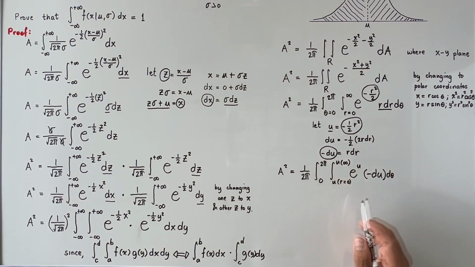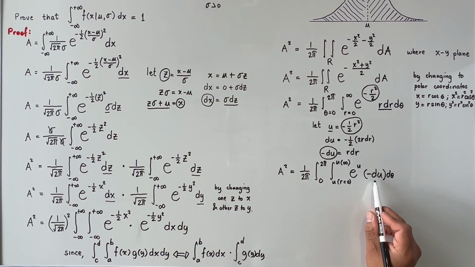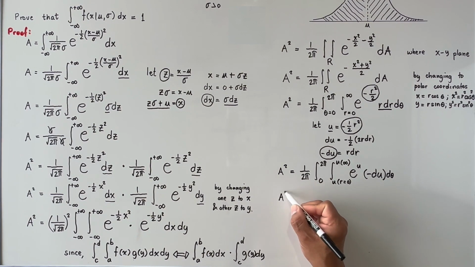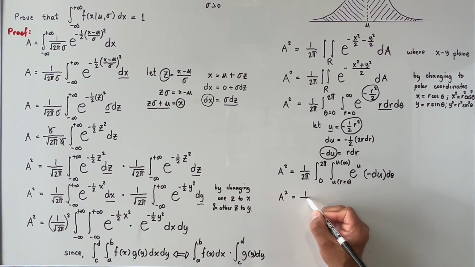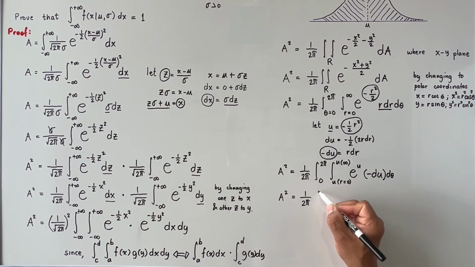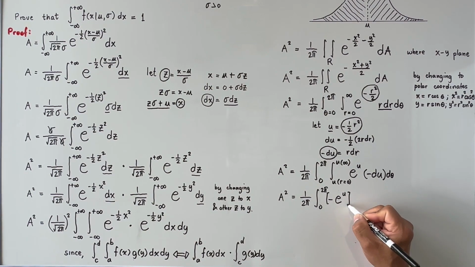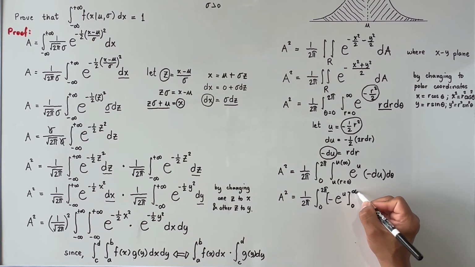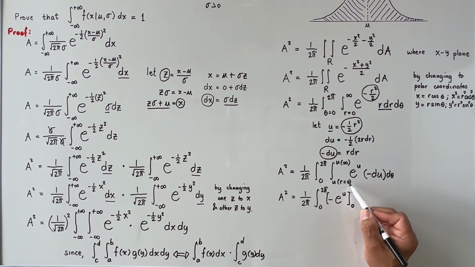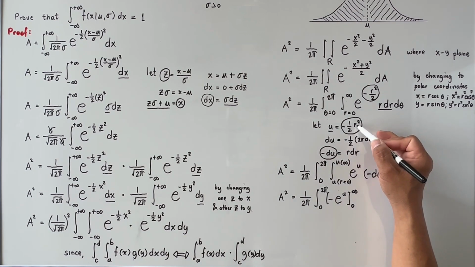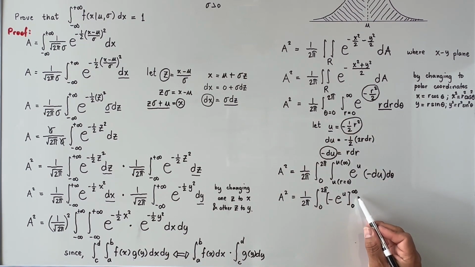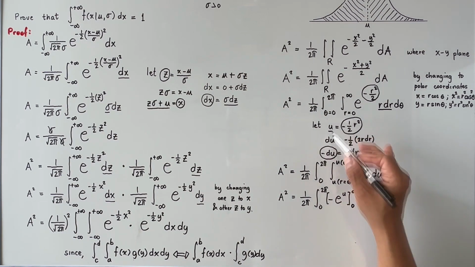And if you integrate this form, this is equal to 1 over 2 pi of the integral from 0 to 2 pi of negative e to the u evaluated from 0 to infinity, because your u is 0 when your r is 0 here, and your u is infinity when your r here is infinity.